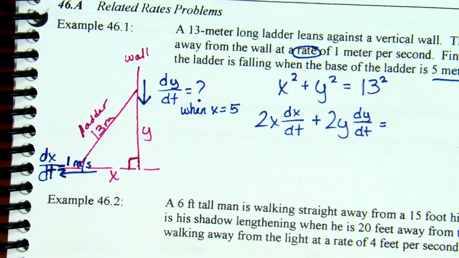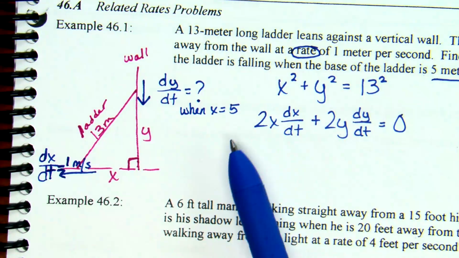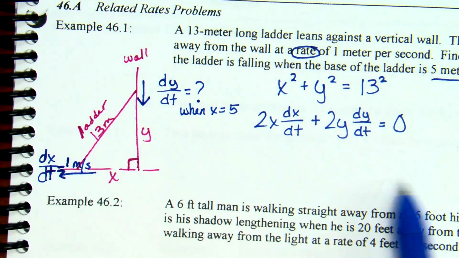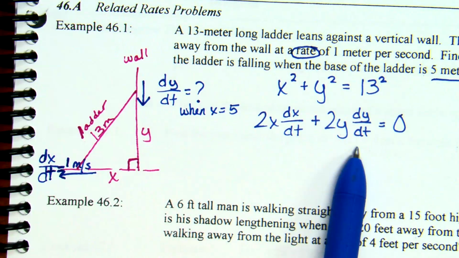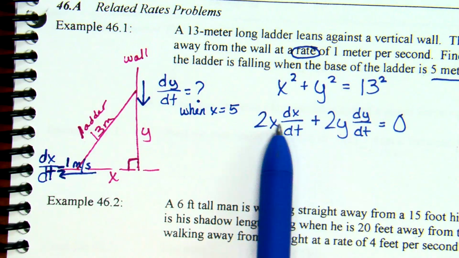Now, we have a couple of different ways you can do this. Some people will teach to go ahead and start plugging in all the values you know, and then solve for dy/dt. Other people will say, okay, let's go ahead and solve for dy/dt, and then we'll plug everything in at the end. Honestly, it kind of depends on the problem, but since we're searching for dy/dt, let's solve this equation for dy/dt, which means I'm going to keep the dy/dt term on the left.